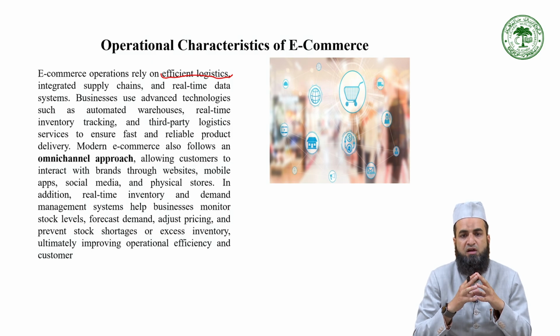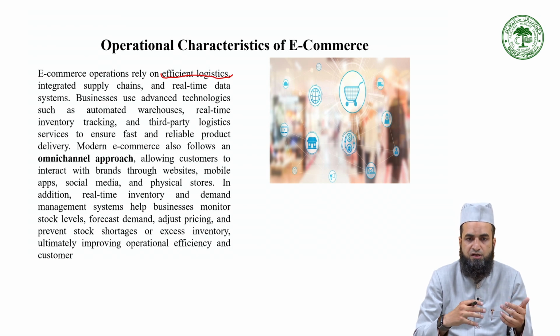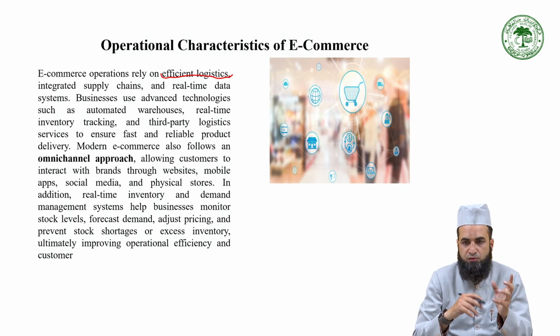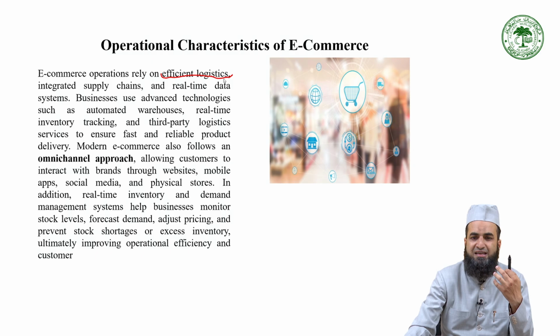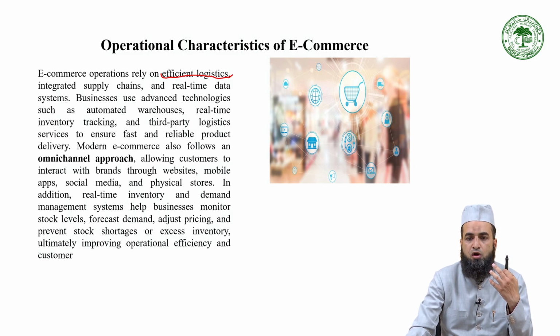Companies like Amazon have invested heavily in building proprietary logistics networks to ensure faster delivery and better cost control. Third-party logistics providers have emerged to specialize in e-commerce fulfillment. Drop shipping models enable businesses to sell without maintaining inventory.